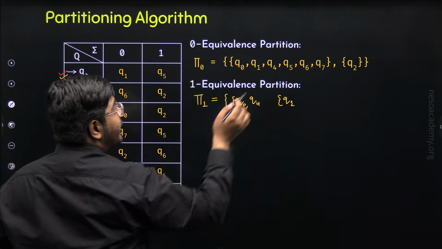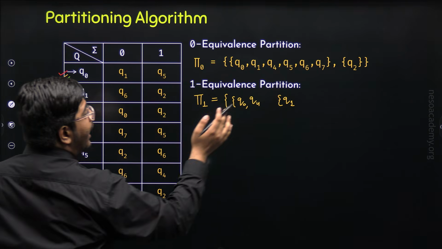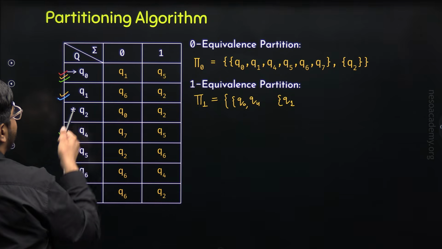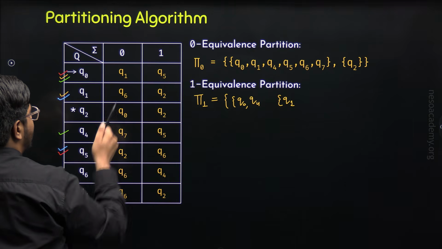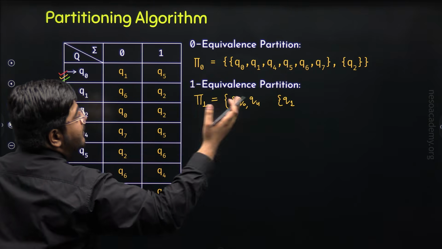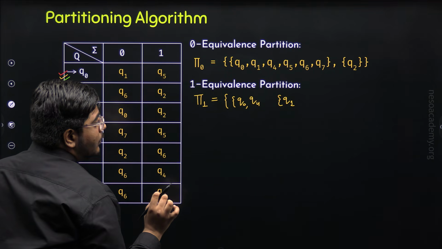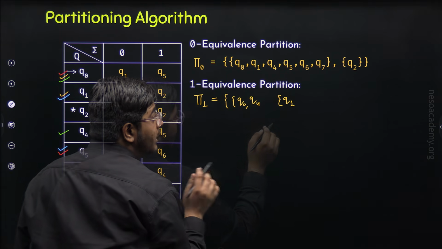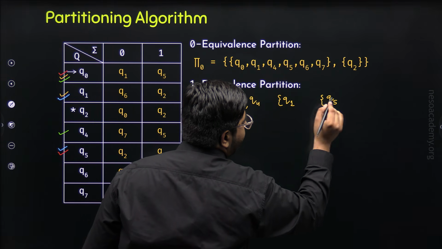This means now we need to check Q5 with Q1. So the states that we are considering this time are Q1 and Q5. On 0, Q1 gives Q6 and Q5 gives Q2. So we are getting Q6 and Q2. Q6 and Q2 also lie under different partitions, which means Q5 is not equivalent to Q1 either, which means we cannot place Q5 with Q1. That means we need to create a separate partition for the state Q5.